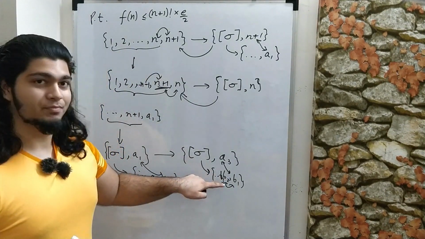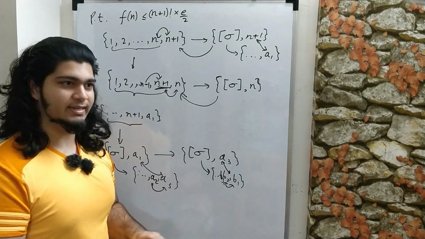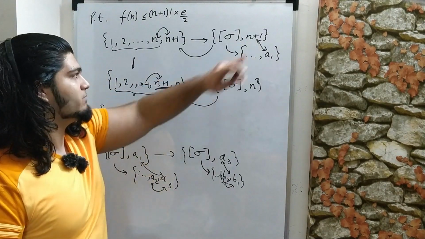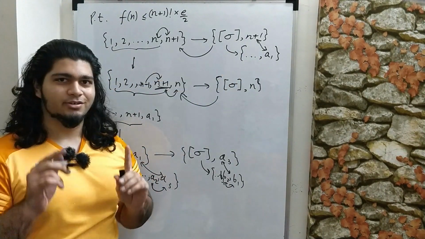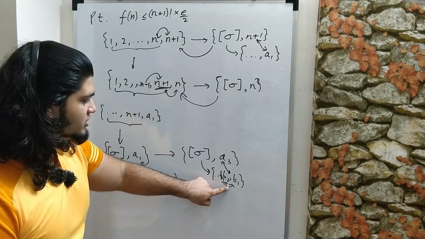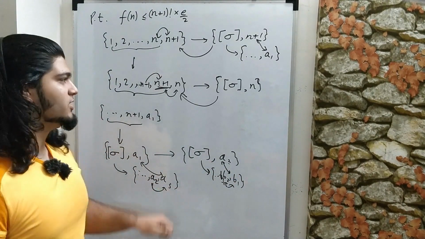So b3 is guaranteed to not be n plus 1, or rather I would say that at least one of these three is guaranteed to not be equal to n plus 1 and a1. So that means the worst case scenario is we'll have to perform one switch, then one more switch, and then one more switch, so total 3 switches, and so on.